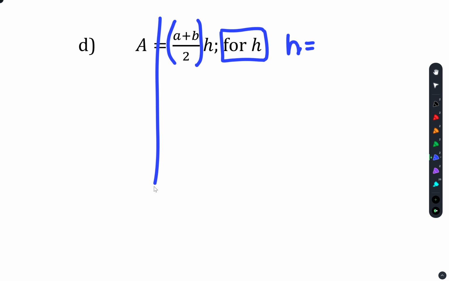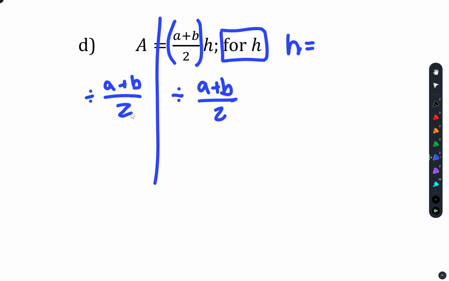Or I guess what's the opposite of multiplying in general? Dividing. So I'm going to divide by this fraction. Oh, here we go, it's going to get complicated here. I'm dividing by this fraction, which is the same as what? Multiplying by its reciprocal, right?